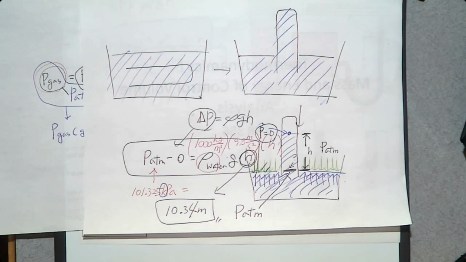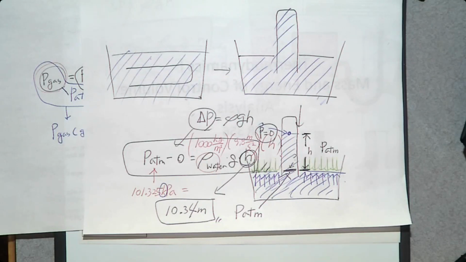So what is a way to decrease this h? How can we decrease this h? Any suggestion? Or do we make the 10 meter, 11 meter barometer? Come again? But still the tube should be longer than 10 meters. So how can we decrease this value? Yes.